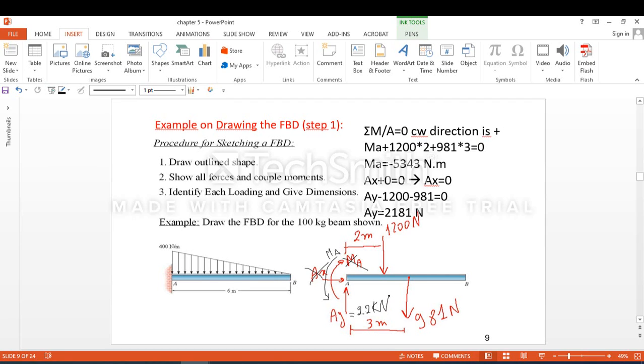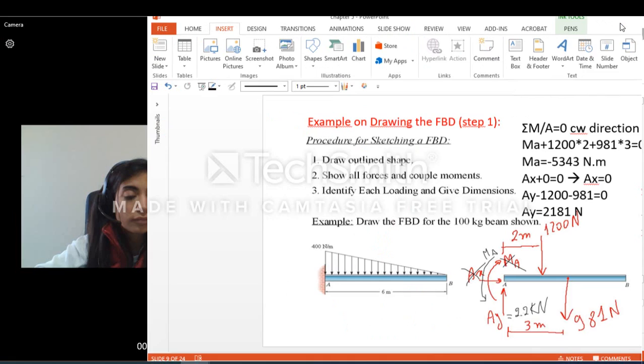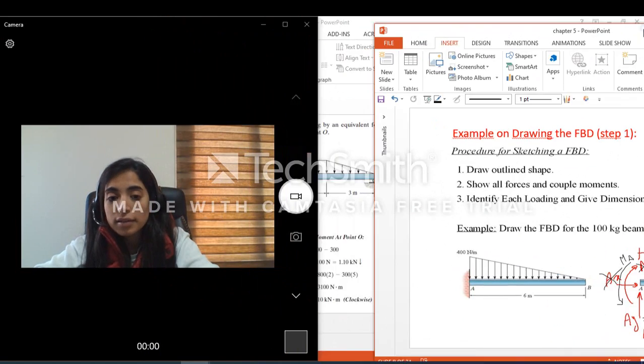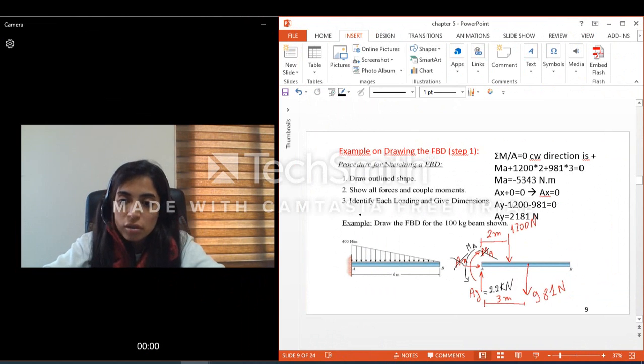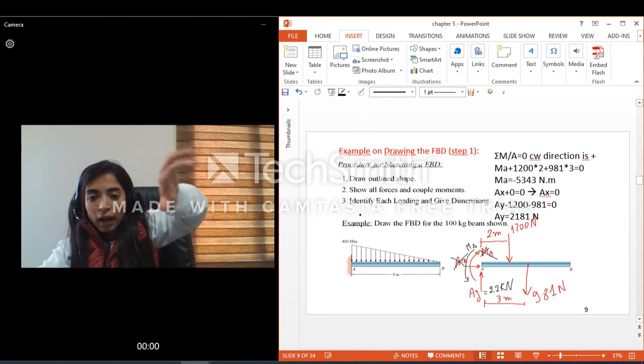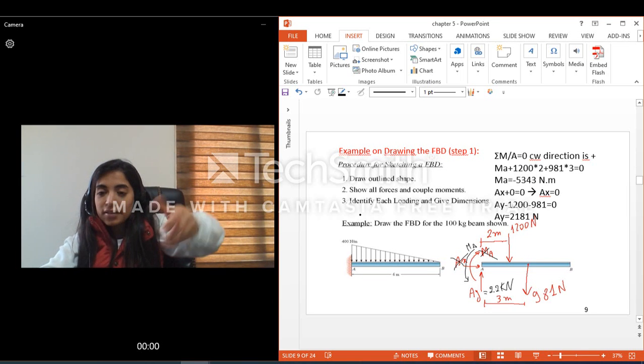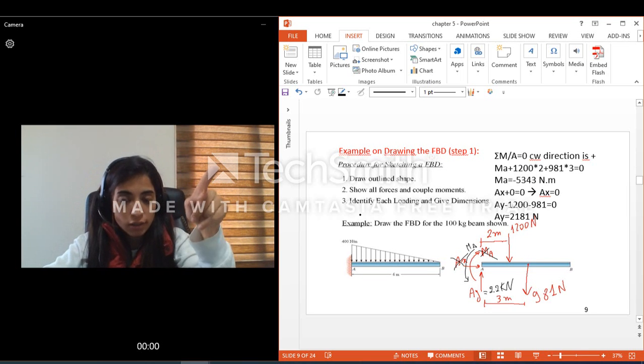I can guess from the very beginning of this problem that MA will be counterclockwise. Because all my forces are downward after A, which means they are causing a clockwise rotation.